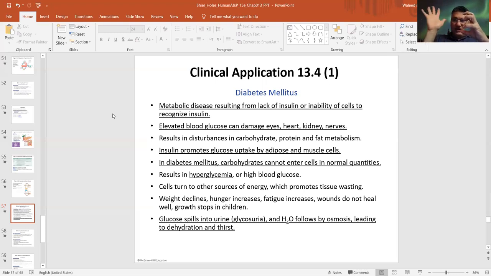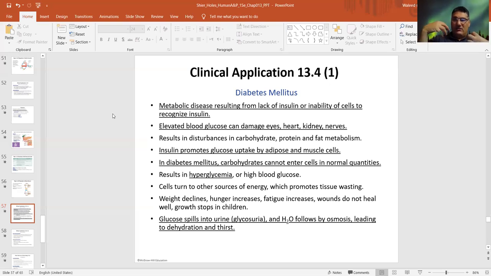In both cases, whatever the reason is, glucose will not be pushed into the cells the way it should. So now glucose accumulates in the blood. It doesn't disappear into the cells. It accumulates. We call that hyperglycemia. This is one. When it adds up to an increased level in the blood, we call it hyperglycemia, it will start to go to the urine. The kidney will say, okay, I need to help.